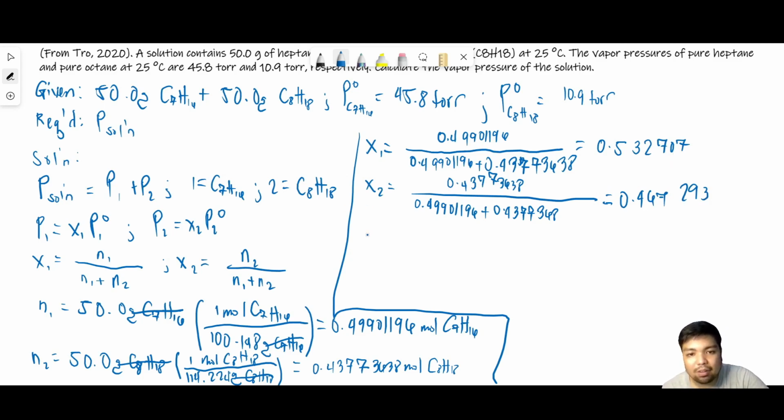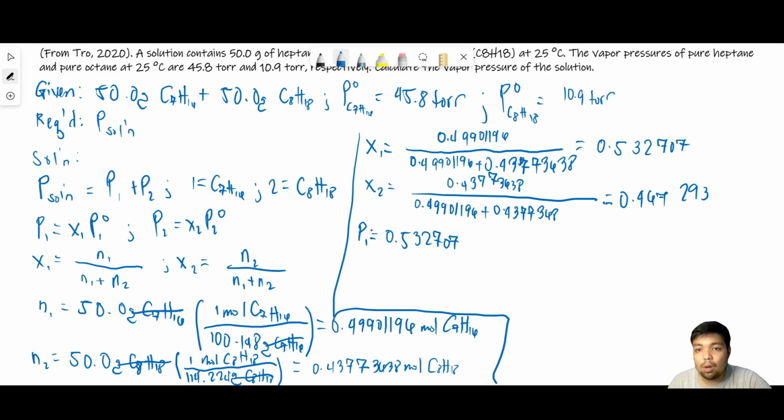We can now get the respective vapor pressure in the solution, where P1 null is the vapor pressure of pure heptane, multiplied by 0.532707.